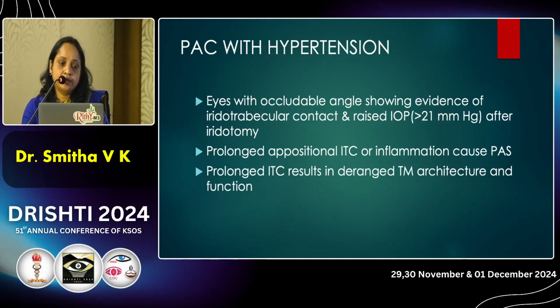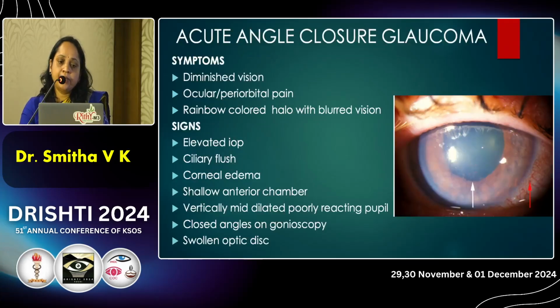In acute angle closure glaucoma, the patient has diminished vision, eye pain and headache, sudden onset of headache, nausea, vomiting, rainbow colored halos, etc. The signs include increased IOP, circumcorneal congestion, corneal edema, shallow AC, vertically mid-dilated, poorly reacting pupil, and closed angles on gonioscopy with a swollen hyperemic optic disc.